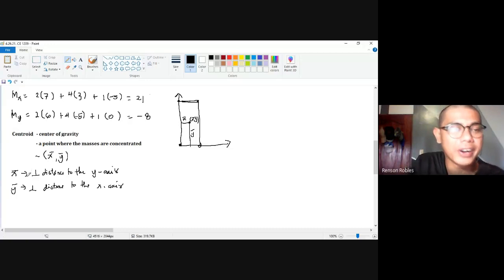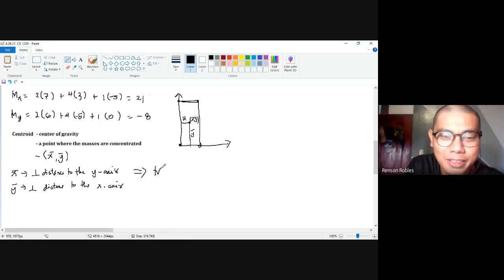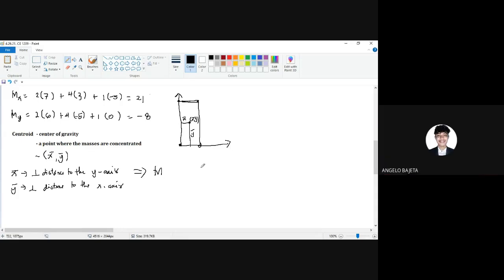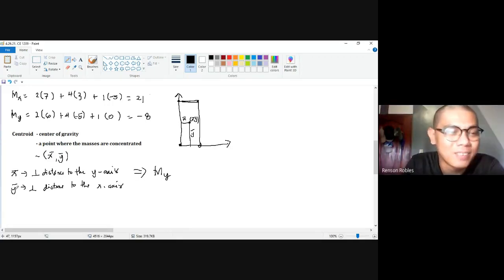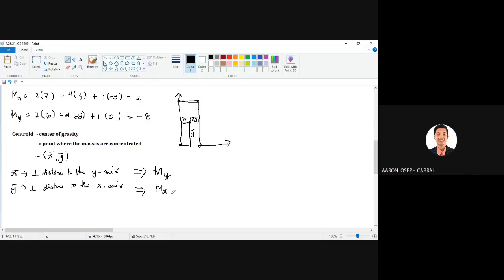And since we're working on the perpendicular distance to the y-axis, what moment is associated to this? Moment of x po. Moment of, read it again. Moment Y po, sir. Okay. Which means when you're looking for bar x, we're using moment in y. And when we're looking for bar y, we are using moment of x po.